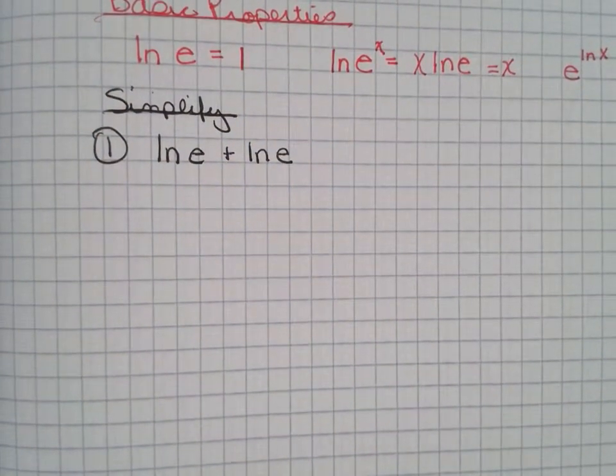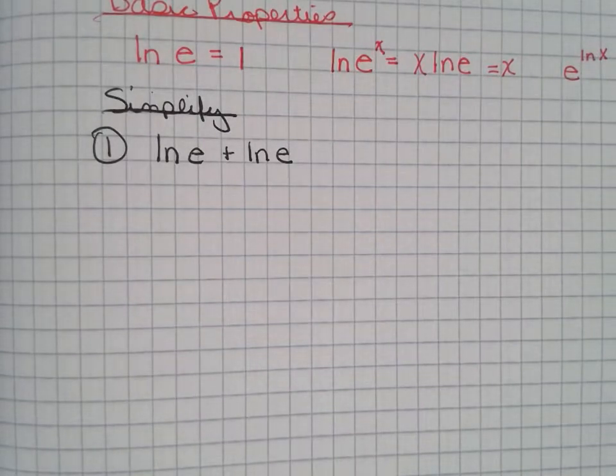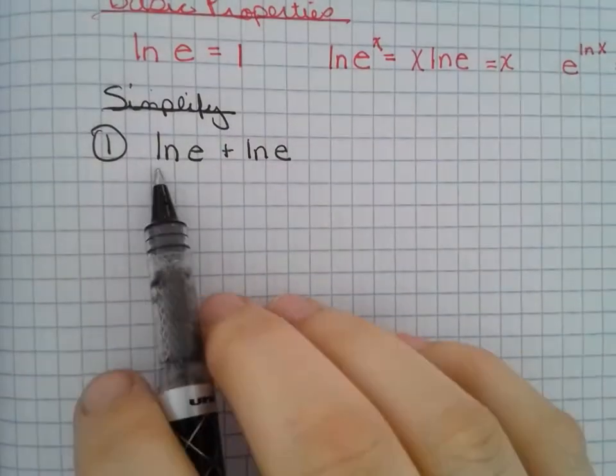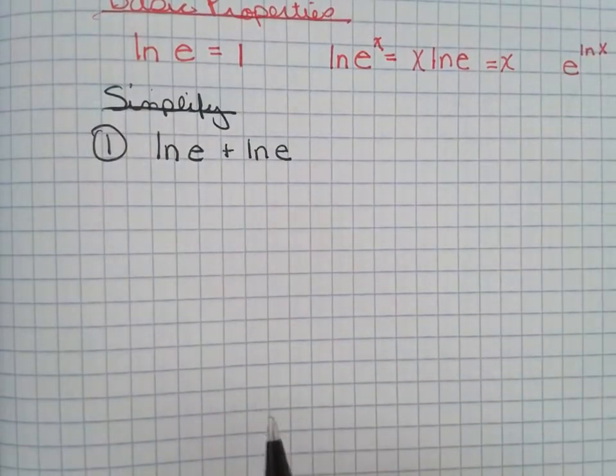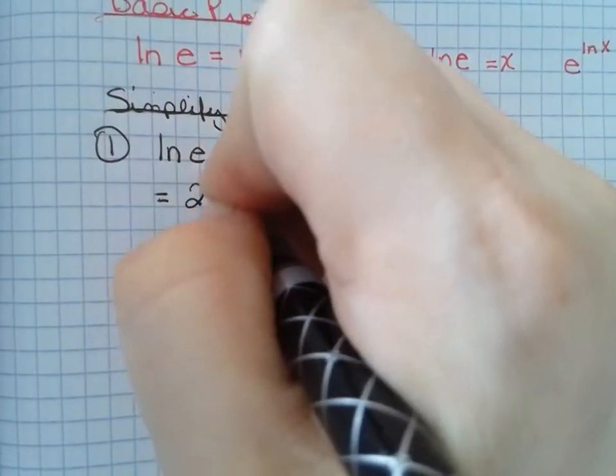If you have an apple plus an apple, how many apples do you have? 2 apples. An orange plus an orange, how many oranges? 2 oranges. A plus A, how many A's? 2 A's. Natural log of e plus natural log of e, how many natural logs of e do you have? 2 natural log of e.